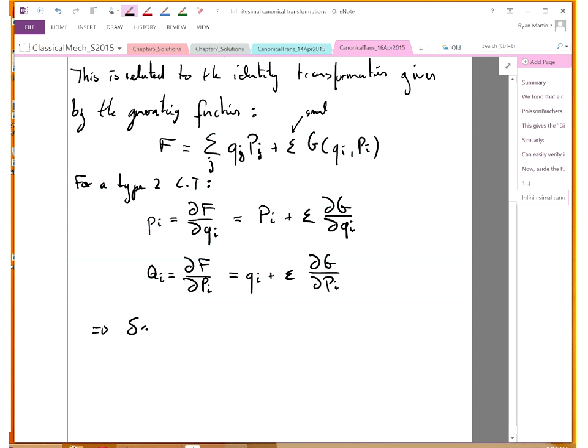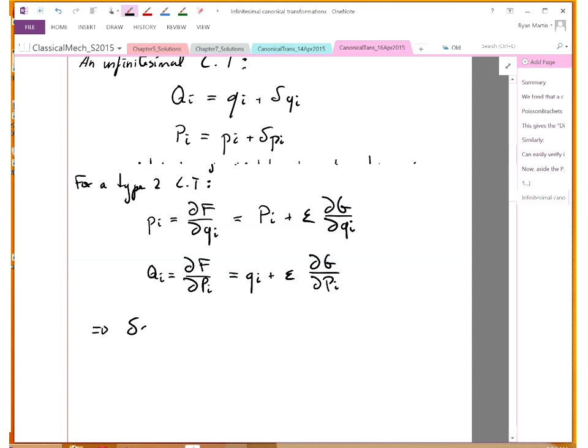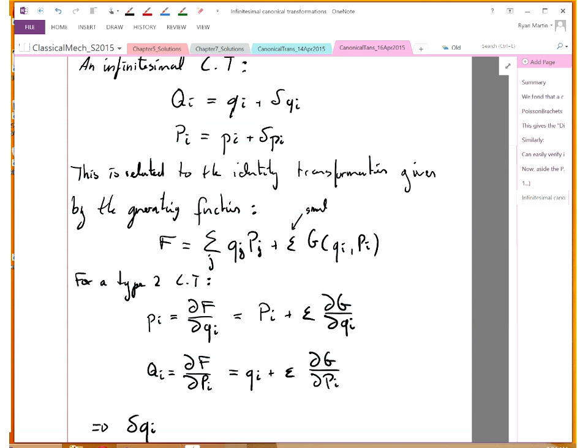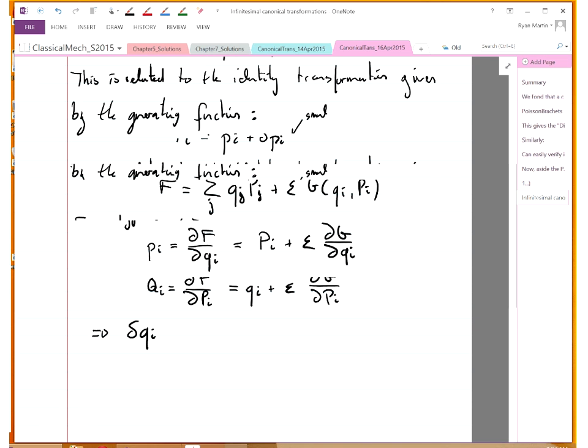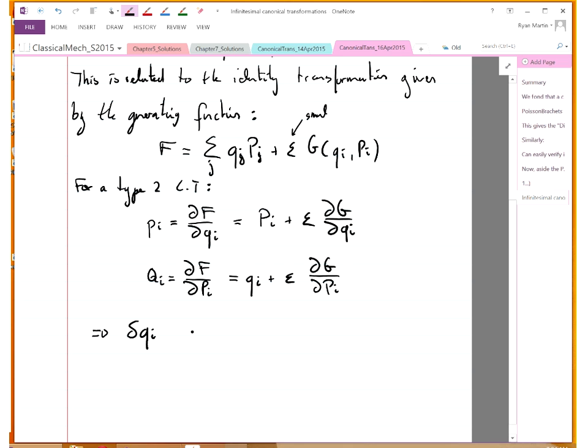If I compare this with what I said at the top for an infinitesimal canonical transformation, I can identify delta qi, for that given generating function, as epsilon times the derivative of g with respect to capital Pi.